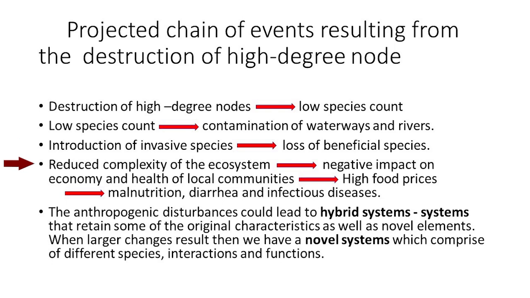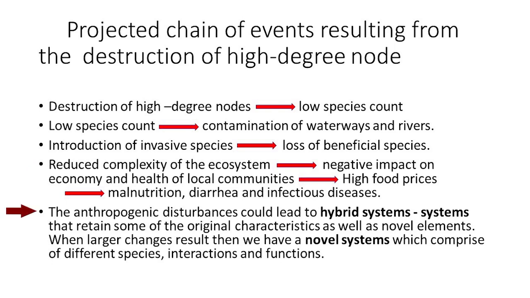Reduced complexity in the ecosystem may result. Reduced complexity of the ecosystem results in negative impact on economy and health of local communities, the consequence of which could be high food prices that will lead to malnutrition in the community, diarrhea, and infectious diseases.